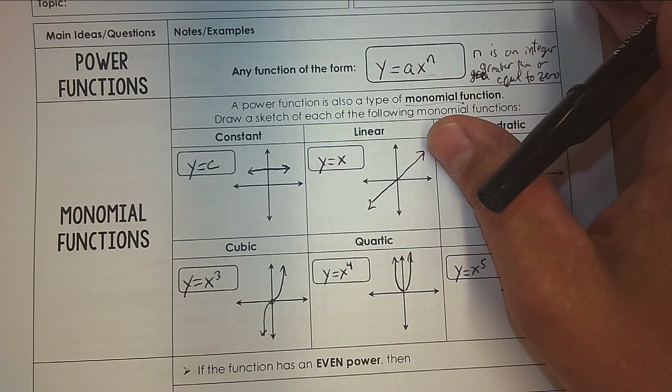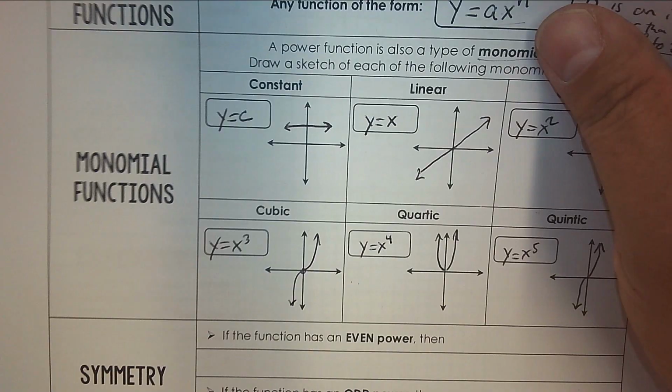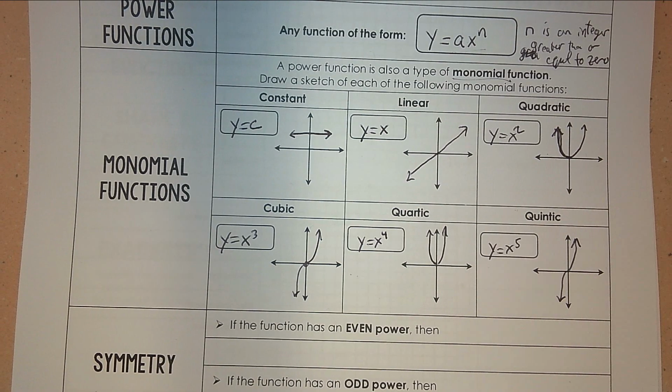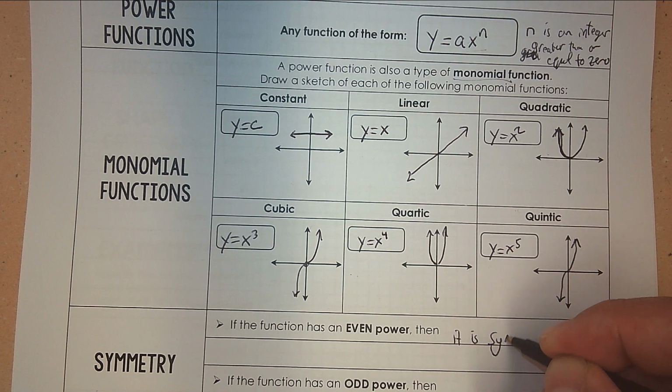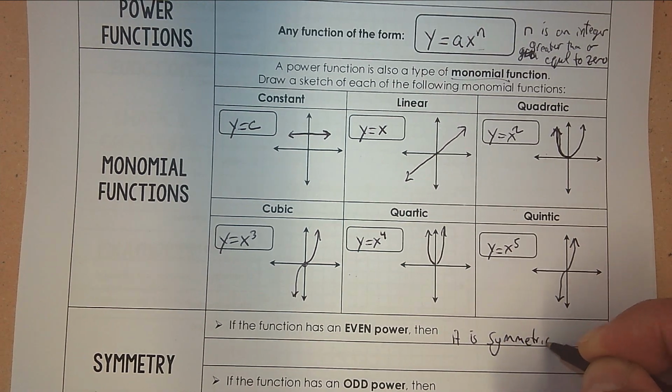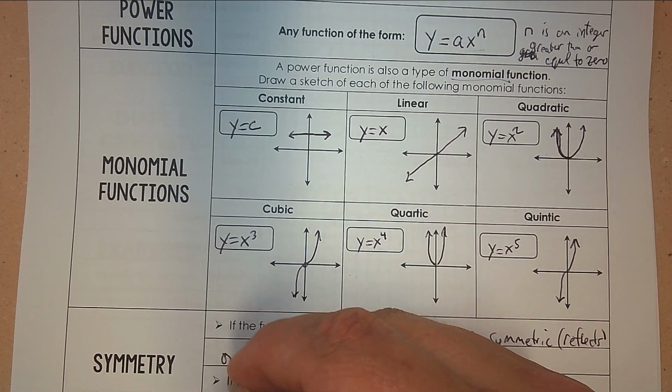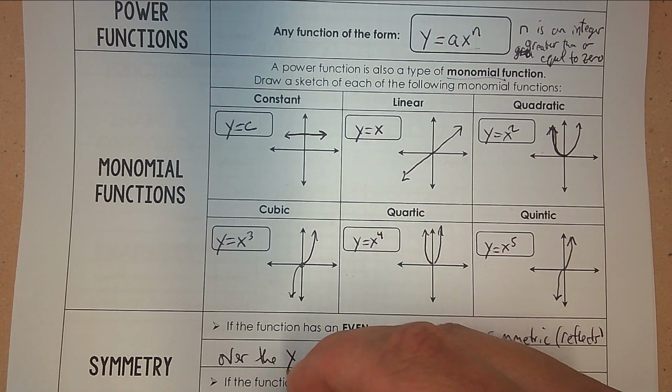Now, if the function has an even power, an even exponent to the power function, that means both ends will either go up or down. Let's first talk about the symmetry of it. If it's an even power, then it is symmetric, which means it reflects over the y-axis.